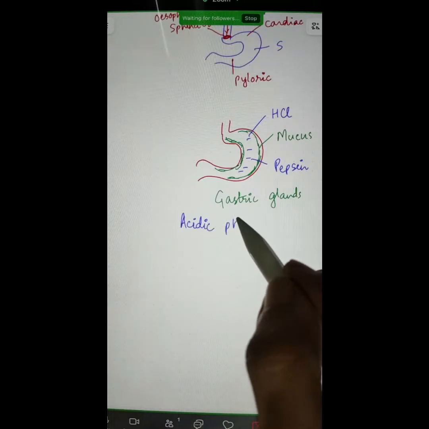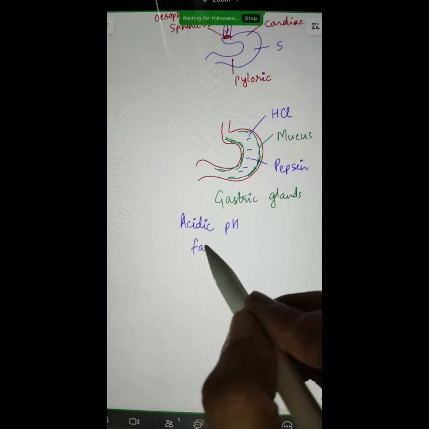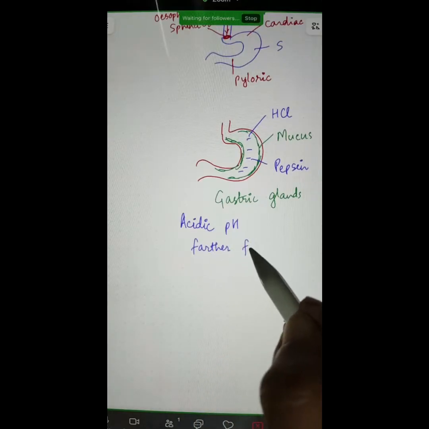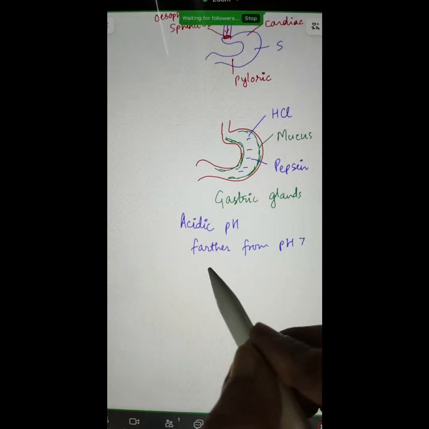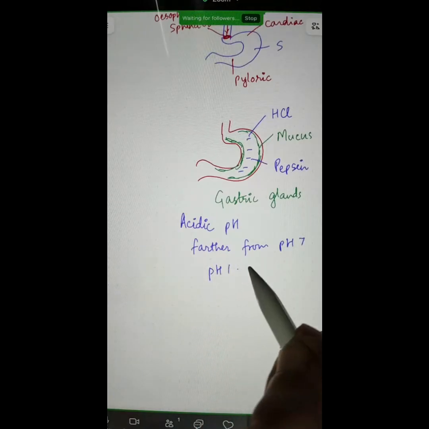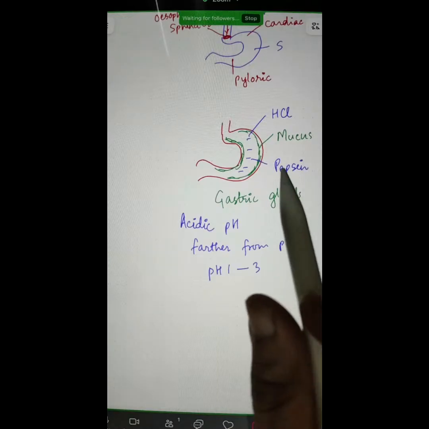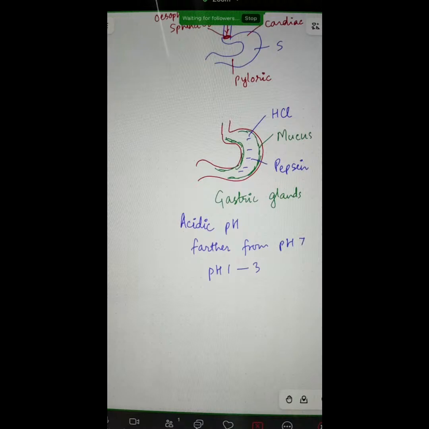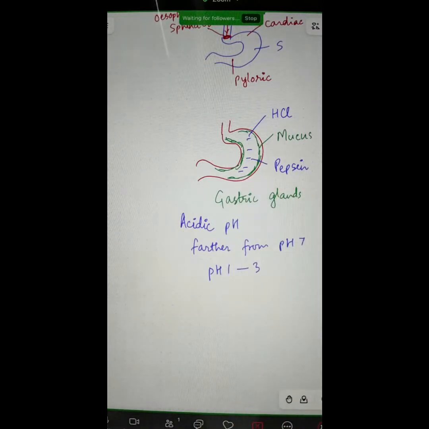When I say strongly acidic, it means it is further from pH 7. So it lies somewhere between pH 1 and pH 3. This is strongly acidic. So to give protection to the membrane of the stomach, we have mucus in its lining.